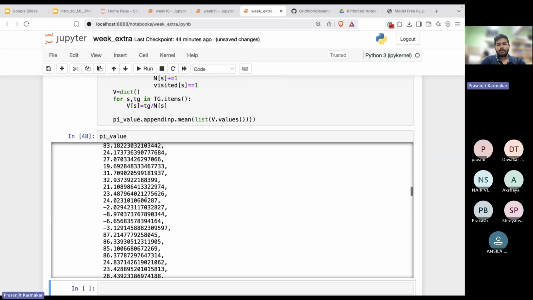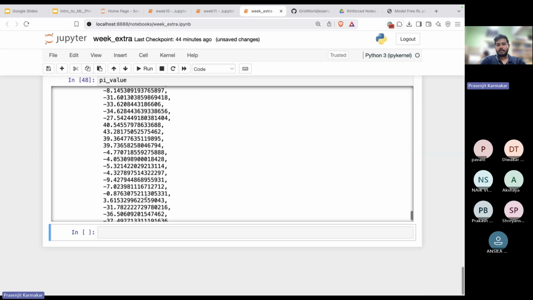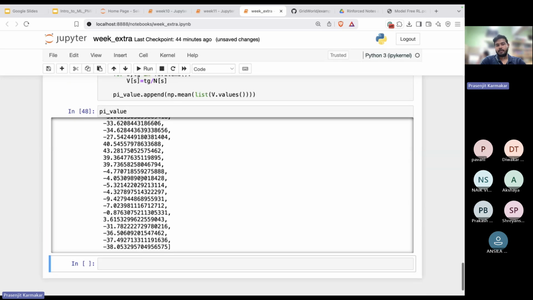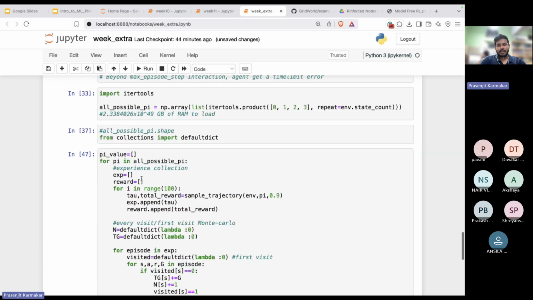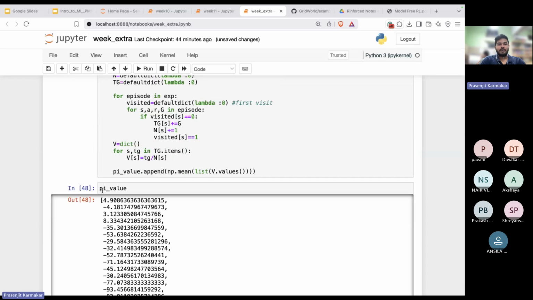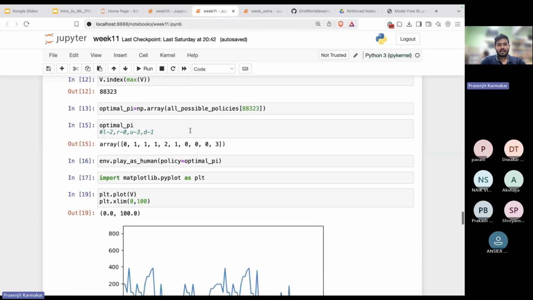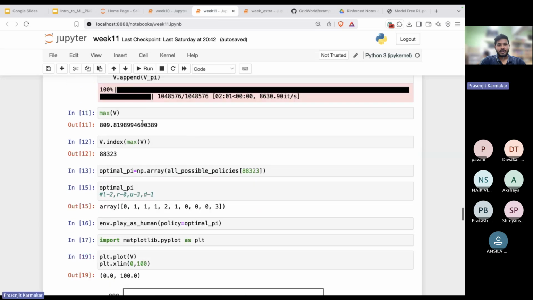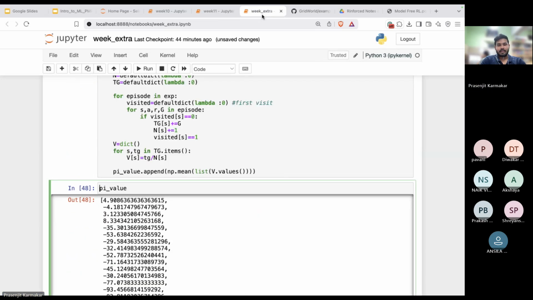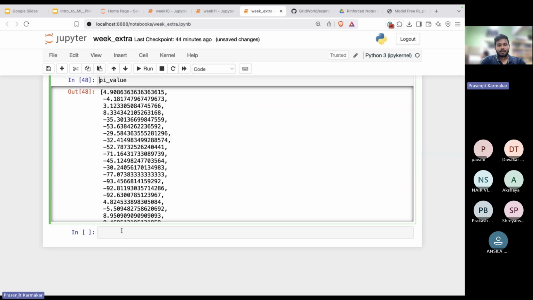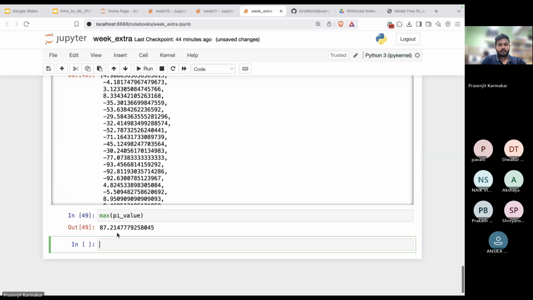Okay, now for 253 policies, I have the 253 estimated average value functions. Now let's see what the maximum is. Just what we did earlier, right? We take whatever has the maximum value. So this is the pi value. Max pi value is what? And what is the index of that max pi value?